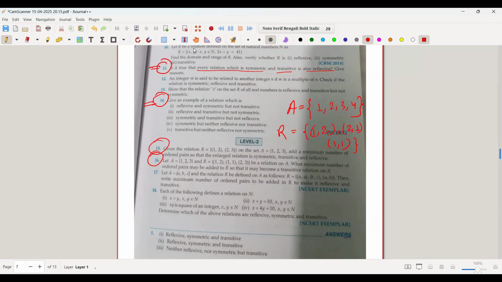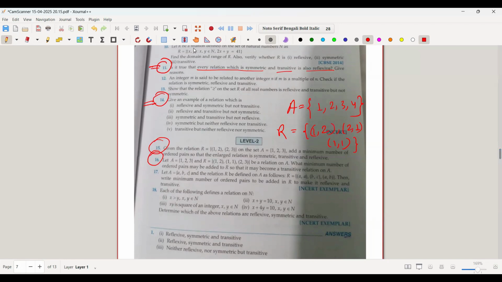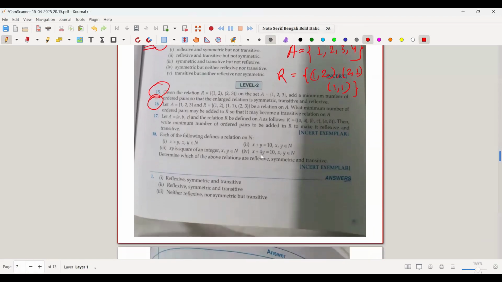Then write the minimum number of ordered pairs to be added in R to make it reflexive and transitive. So minimum number of elements.